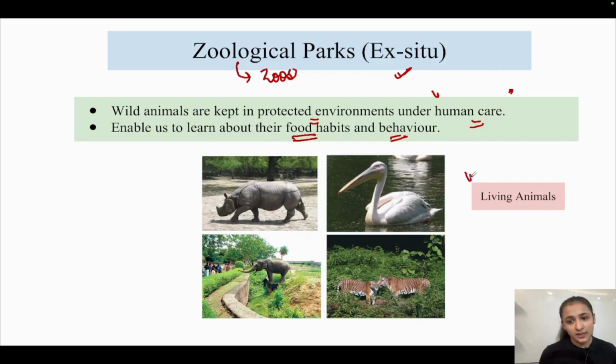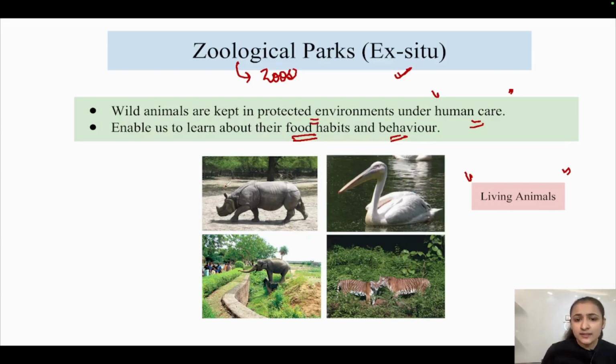So living animals are present obviously in a zoo. As you can see, different kinds of animals are present in a zoo and their habitats are replicated to the habitats they would have in their native area, in their natural habitat in the wild. For example, a duck is present in the wild in a pond, so they would create a pond section where they would keep the duck.